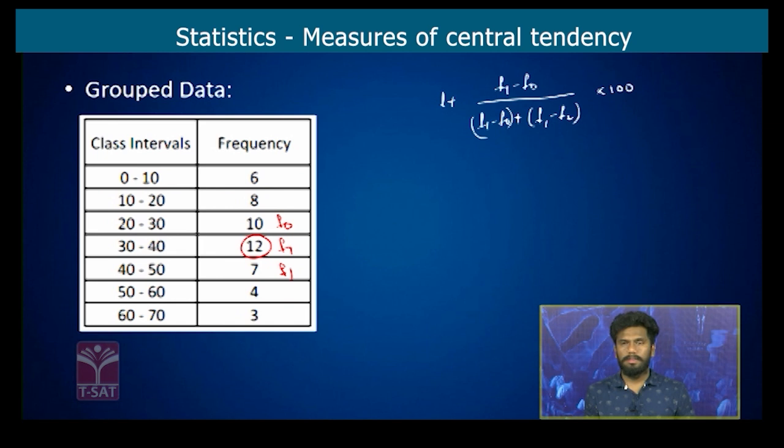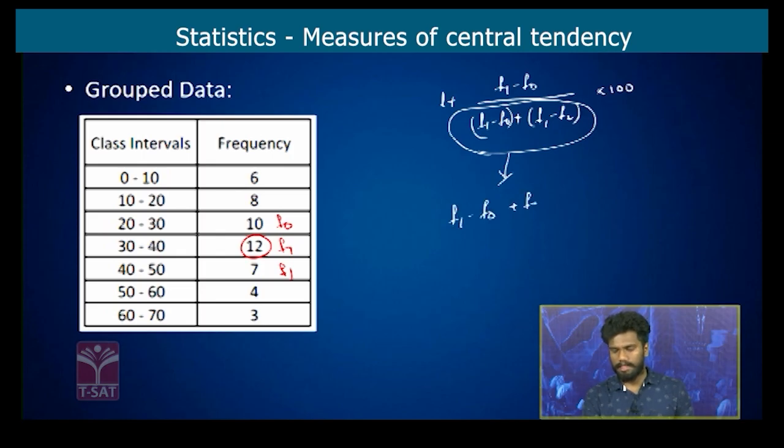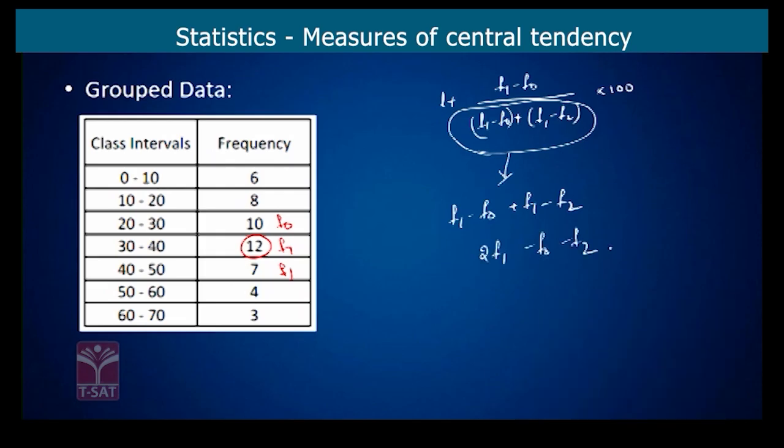Suppose the denominator, f1 minus f0 plus f1 minus f2, which becomes 2 f1 minus f0 minus f2, in any case, if this expression is equal to 0, then what do we have to do?